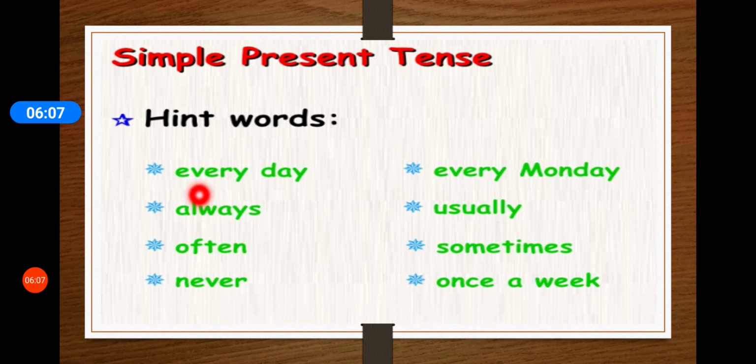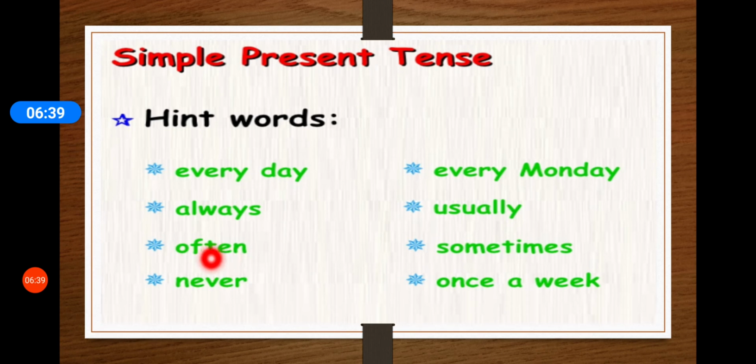Like I go for a walk in the park every day. Always means all the times. So, for example, he always comes late to school. Right? Often means many a times. He often hits his sister, which is a very bad thing. Often means many a times.